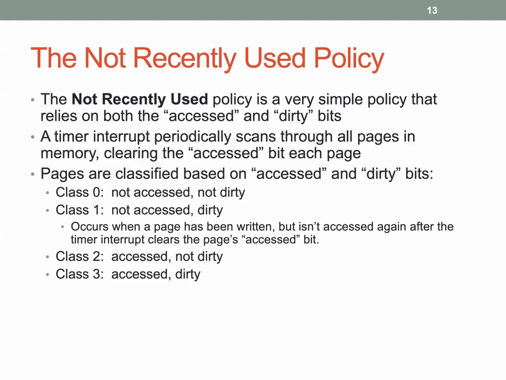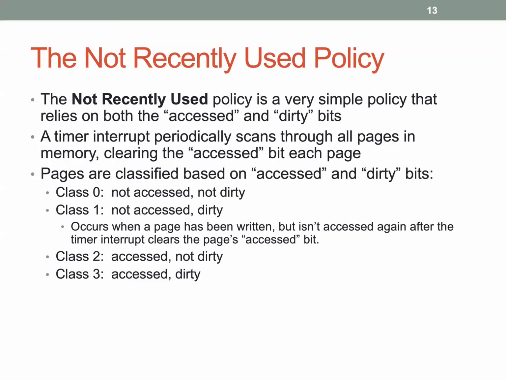Now, if you were to look at these and try to figure out which page of which classification would I prefer to evict? You'd probably say, well, I'd like to not have to evict the page and write it back somewhere. So I'd like it to not be dirty. And also, if it's not accessed, that seems like a good idea. So you'd probably prefer to pick from class 0 if there are any in there.